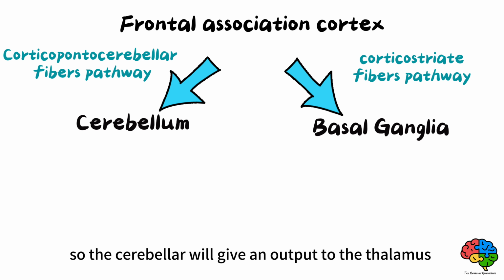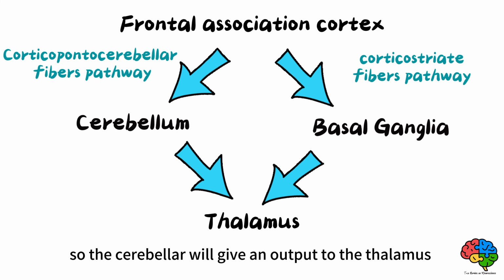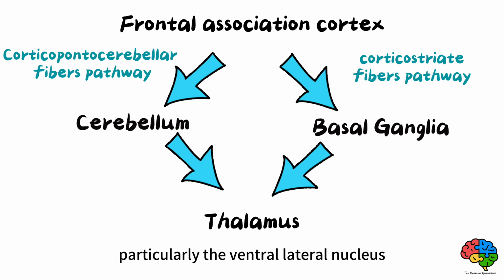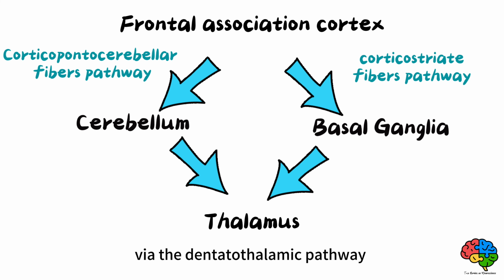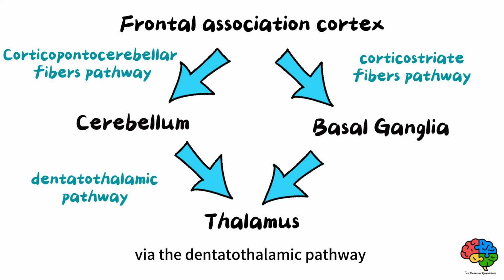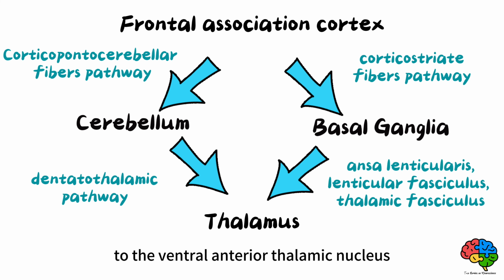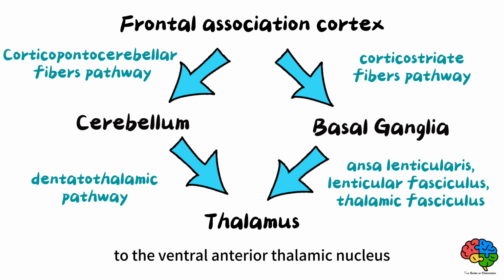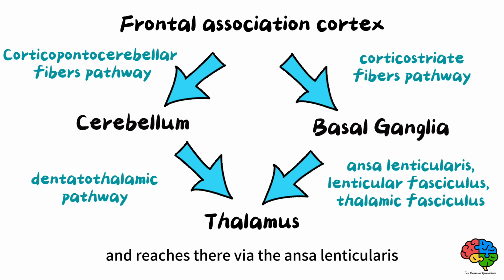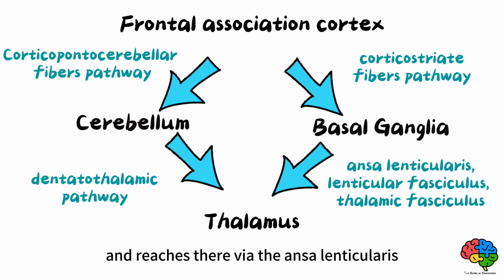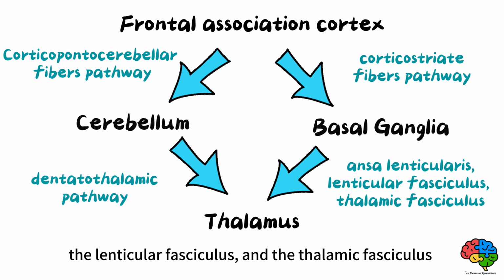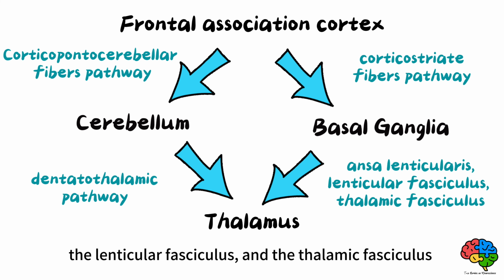So the cerebellum will give an output to the thalamus, particularly the ventrolateral nucleus via the dentatothalamic pathway, whereas the basal ganglia will project to the ventral anterior thalamic nucleus and reach there via the ansa lenticularis, the lenticular fasciculus and the thalamic fasciculus.